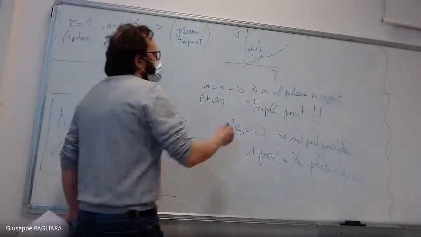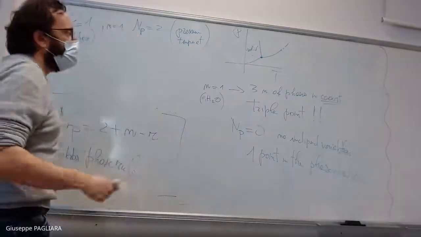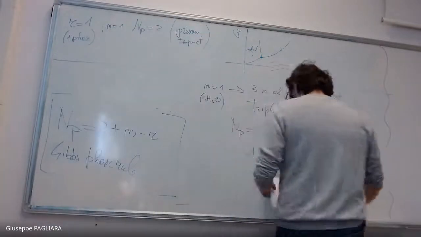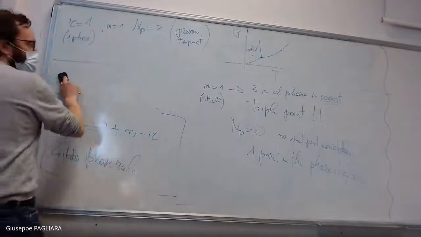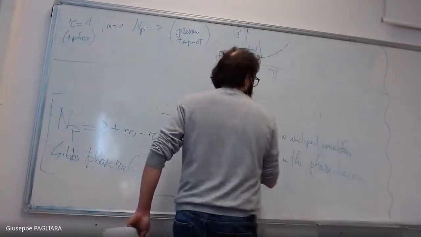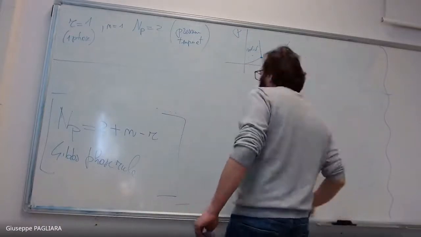Then we have this point, which is the triple point, where 3 phases are in equilibrium. And suppose now that I have r equal to 2, so 2 phases, one component.